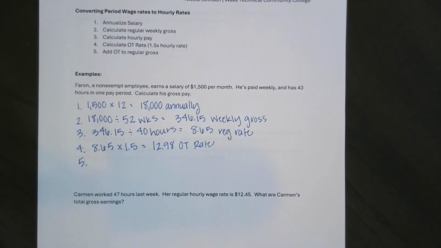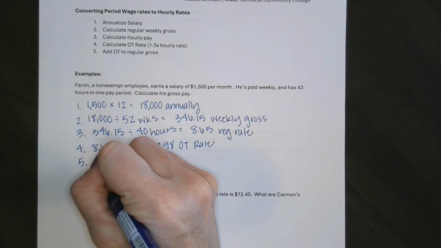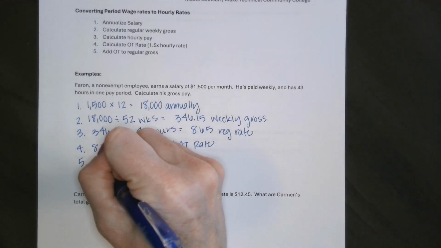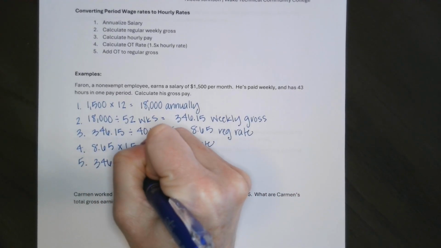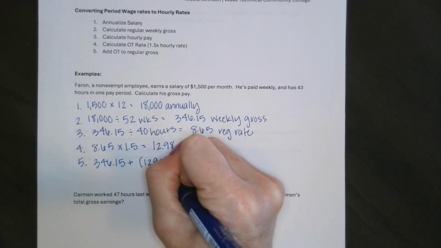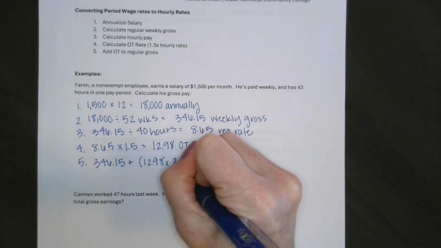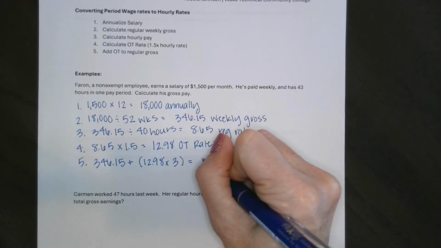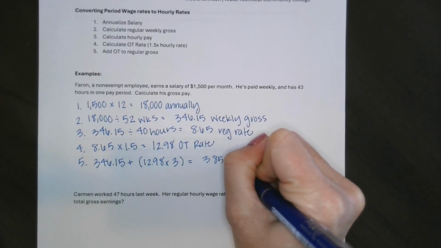Then we will calculate and add the overtime to the regular weekly gross. So the regular weekly gross was $346.15. Plus, we'll take the overtime rate of $12.98 times the 3 extra hours that he worked, and that will come out to $385.09.